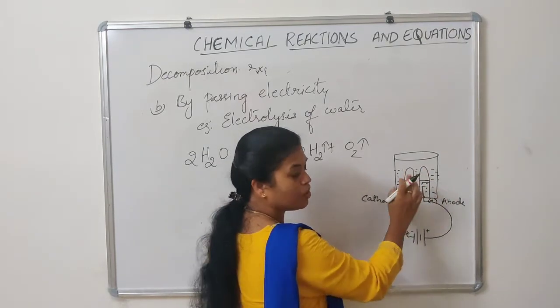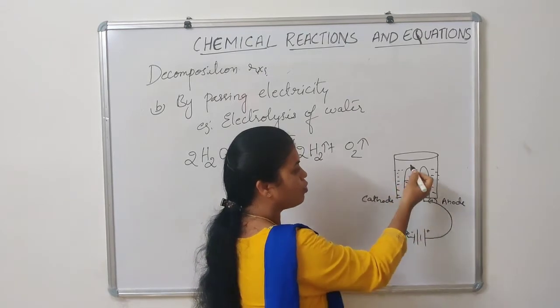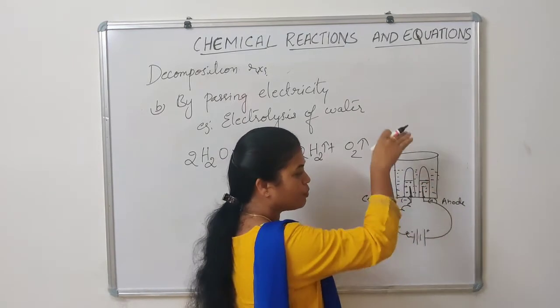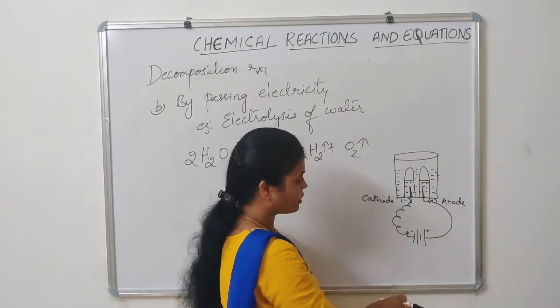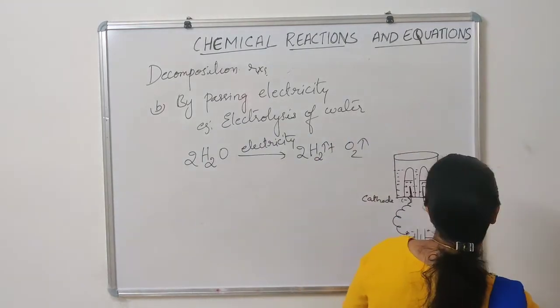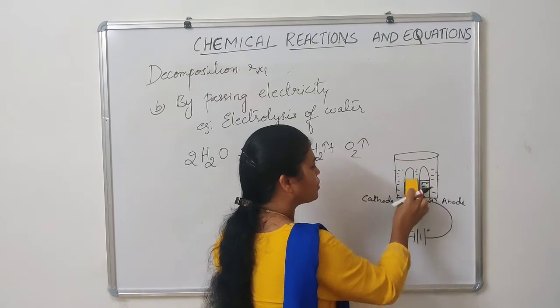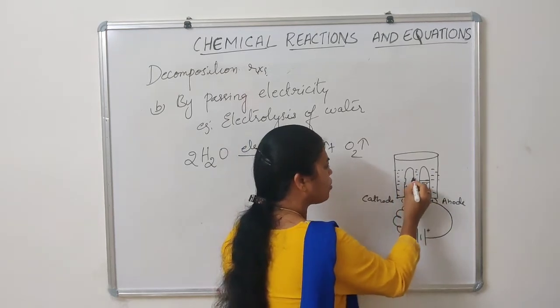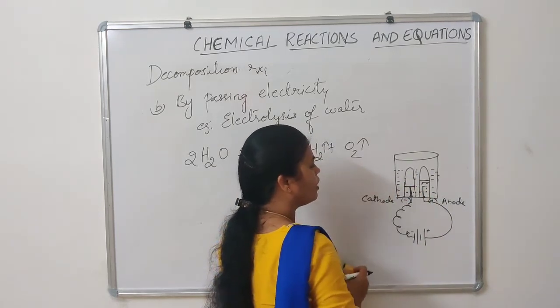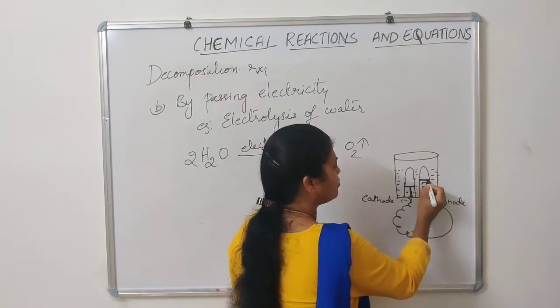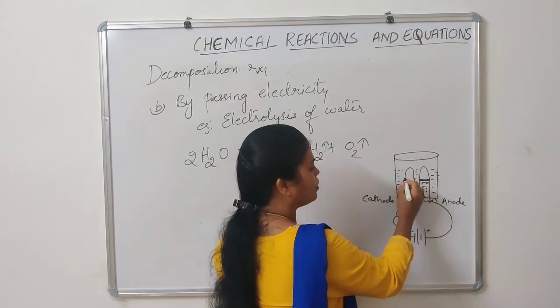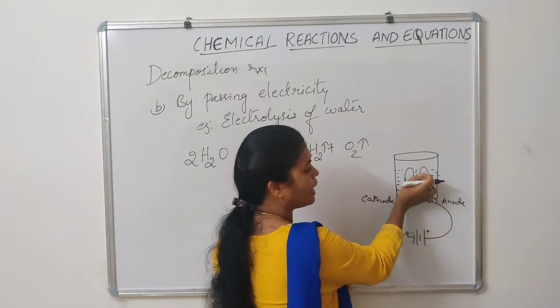The level of the water does not remain the same. As more and more gas is occupied, it pushes the water downwards. At the cathode end it pushes the water more, and the gas occupied is more than at the other end.